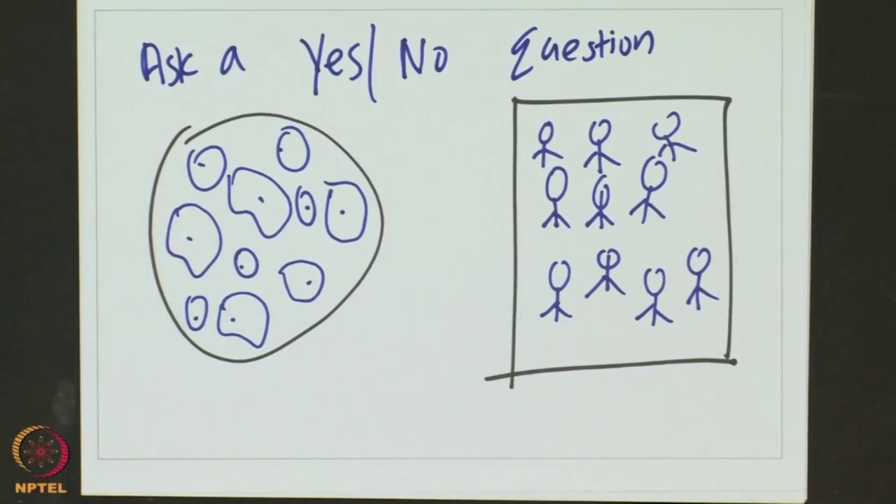Now out of these 10 people, when you do the experiment once, maybe for 7 individuals or 7 cells, the answer is yes. Maybe some other time if you repeat this experiment, 5 cells were alive. So the answer is yes for 5 cells.